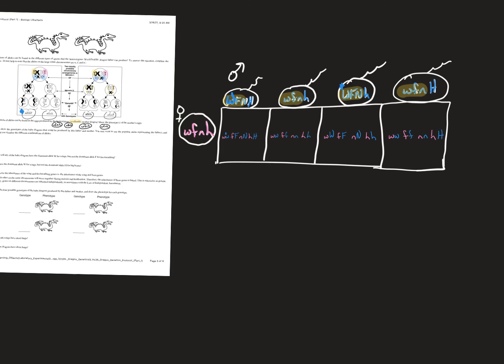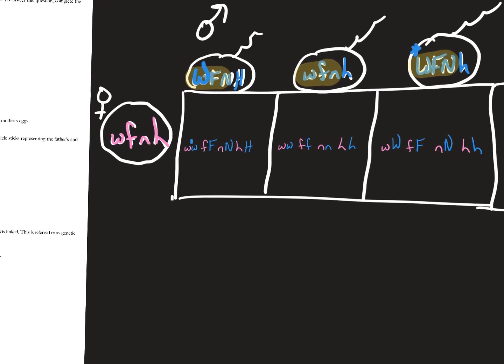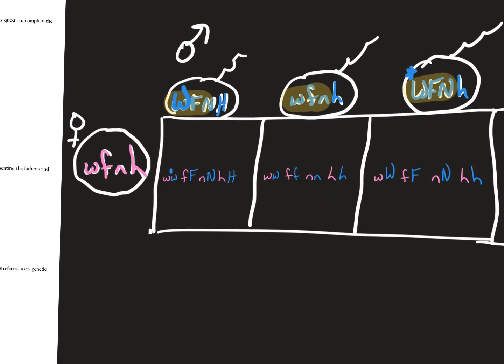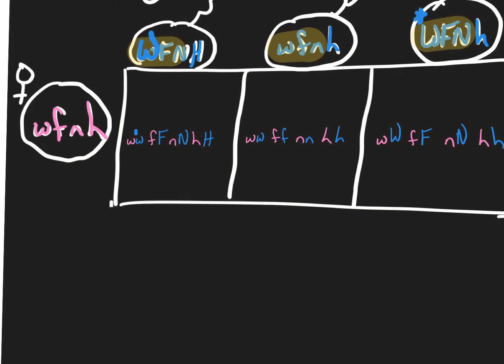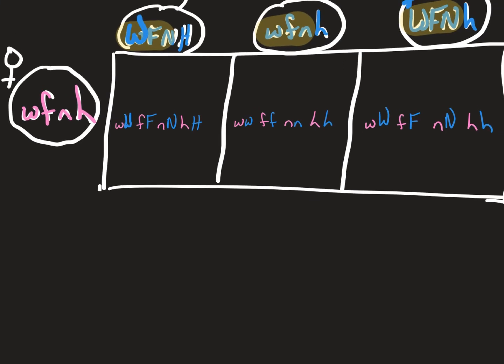So this is a capital letter W. So this is going to produce not the lowercase version, not the version of the gene that produces the recessive allele, but the uppercase version, the form of the gene that produces the dominant phenotype. So this is important when you're trying to figure out whether something has wings or not.